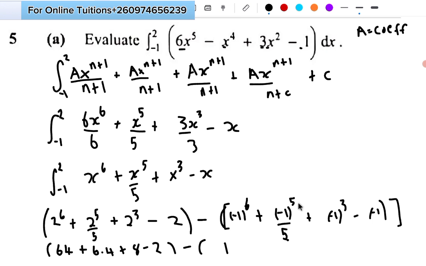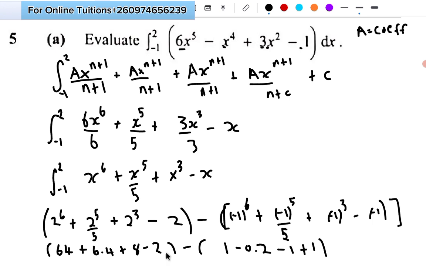Then (-1) to the power 5 is -1, divided by 5 gives -0.2. This one will be minus (-1), which is +1.